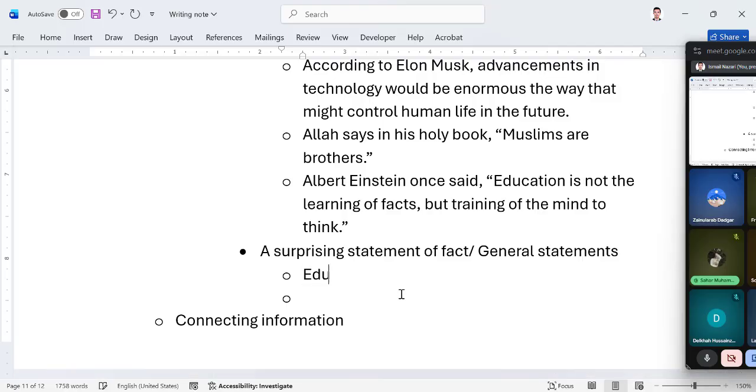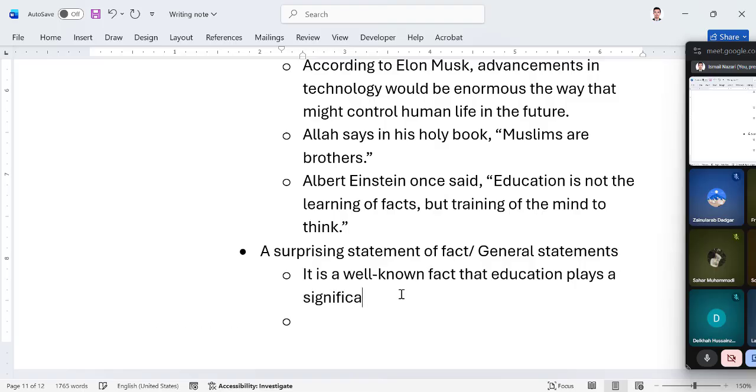For example, it is a well-known fact that education plays a significant role in how people live or how people, for example, think, behave, and communicate in a society.